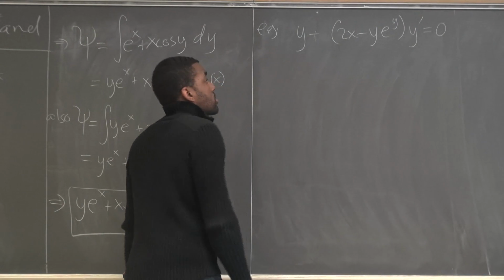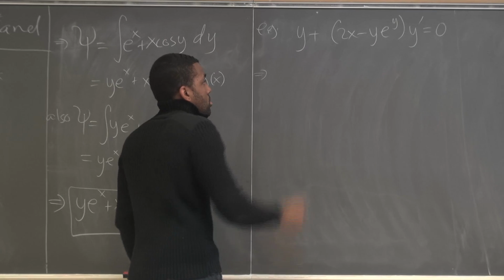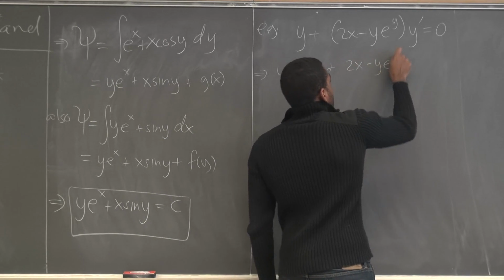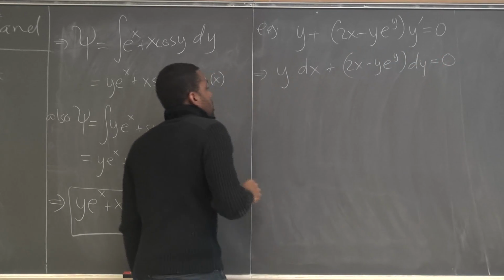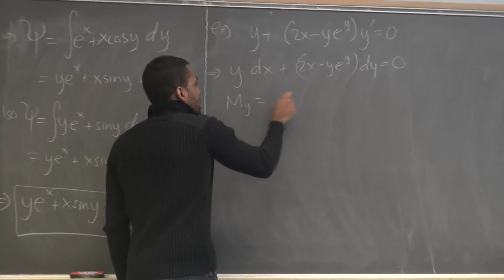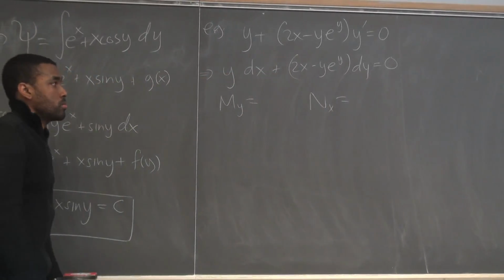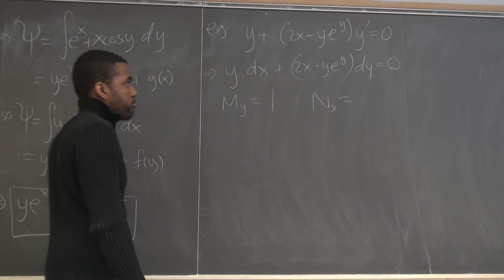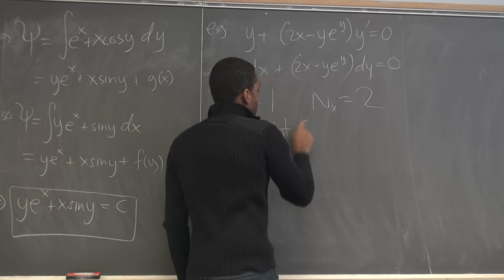What would it be? y dx plus... So if I check M y and N x, what happens? What's N x equal? It's not exact. Oh my god!